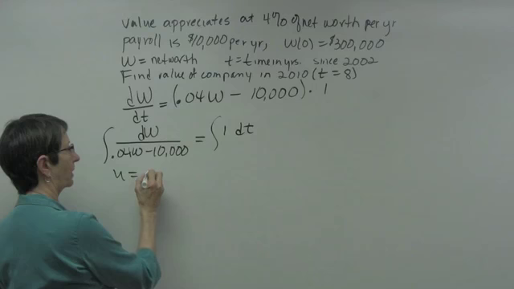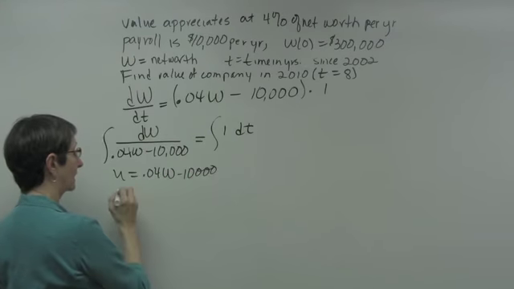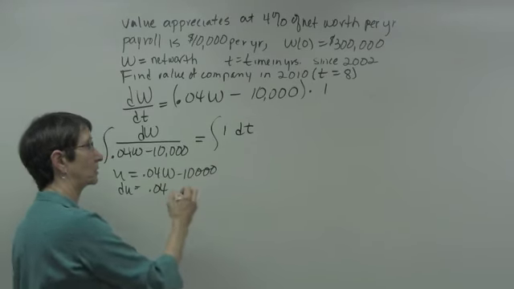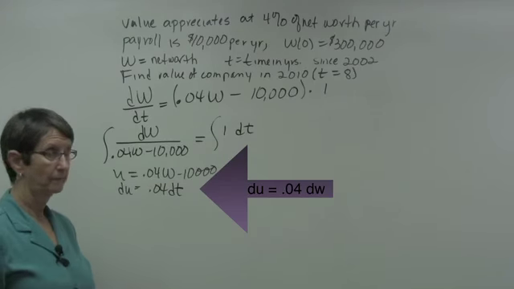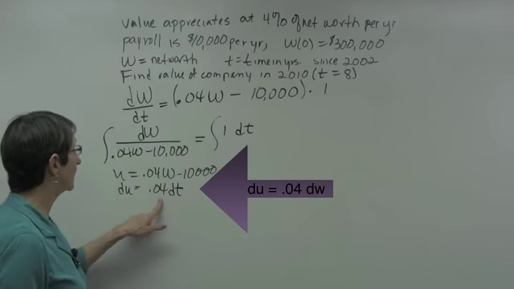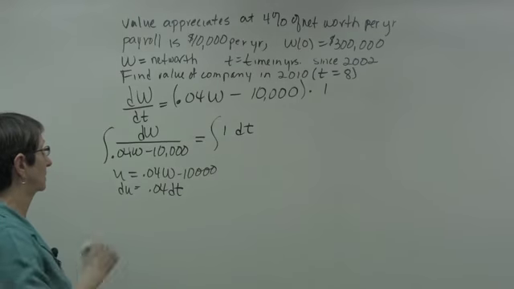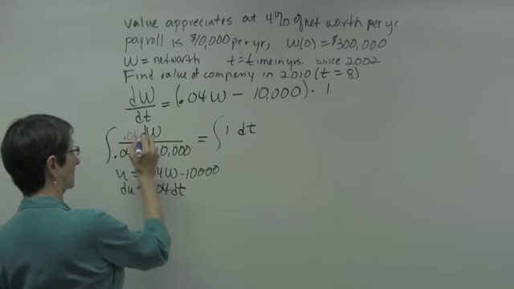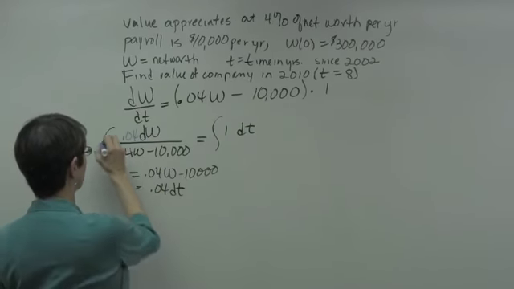U is 0.04 W minus 10,000. So the du, derivative of 0.04 W, is 0.04 dt. I have to adjust for a 0.04 in here, to go with my dW, and then I'll have to put 1 over it in front.